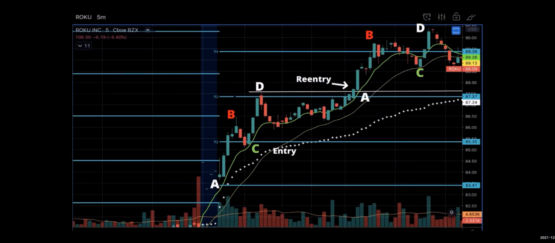So now that we have taken profits at D, D now becomes our new resistance, correct? So you can do a lot of things. This is versatile, right? You can either re-enter above D with some volume. So let's see, this probably was the volume, but it was higher than this one.